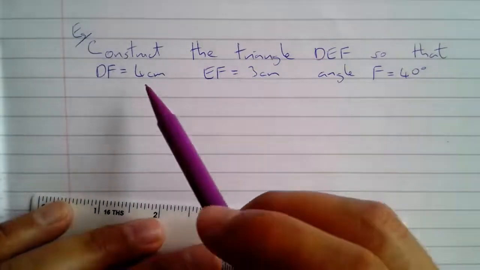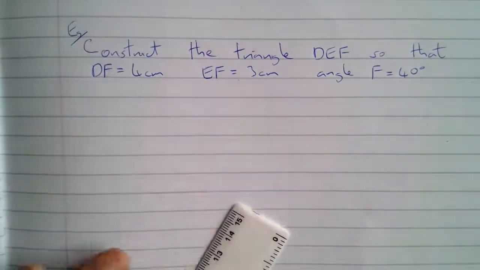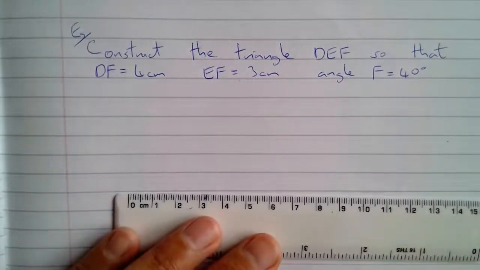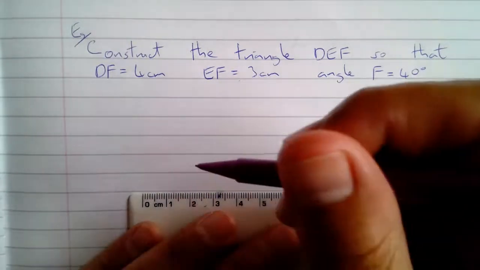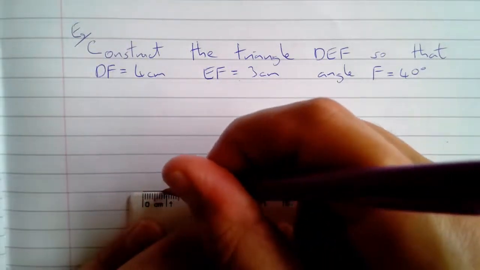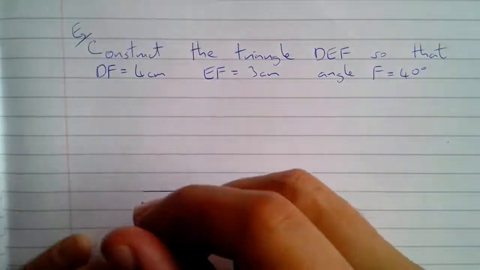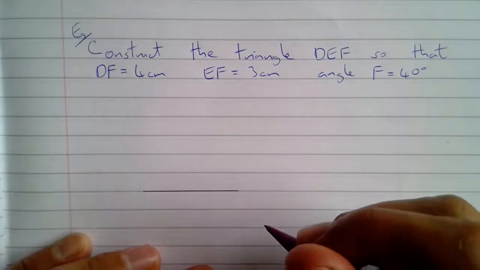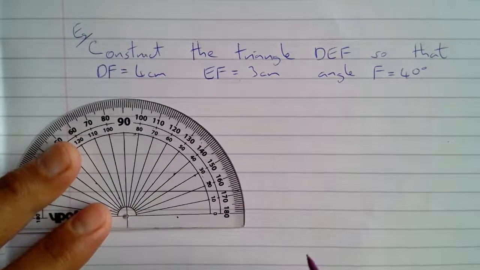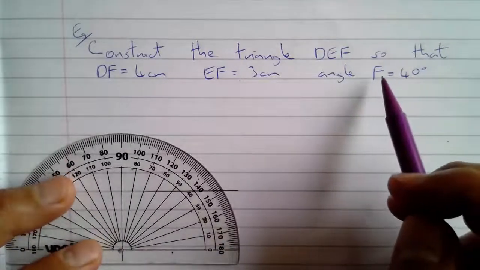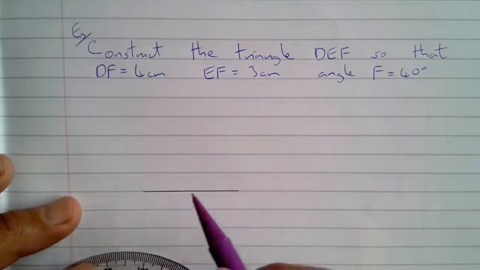I generally use the longest side for the base. I don't think for any particular good reason, it's just probably more of a habit. So the base is going to be 4 centimeters, 0 to 4. I'm going to label both ends. Depending on how you like using your protractor, and depending on what the angle is and which vertex it's at, it depends slightly how you might want to label these.